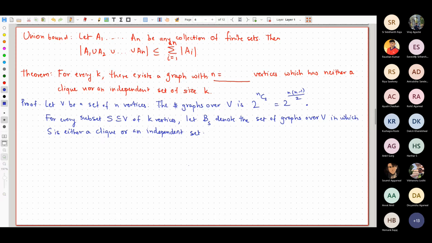Right, so for every subset of k vertices, I am defining this set B sub S. Right, so now what is the size of B sub S?